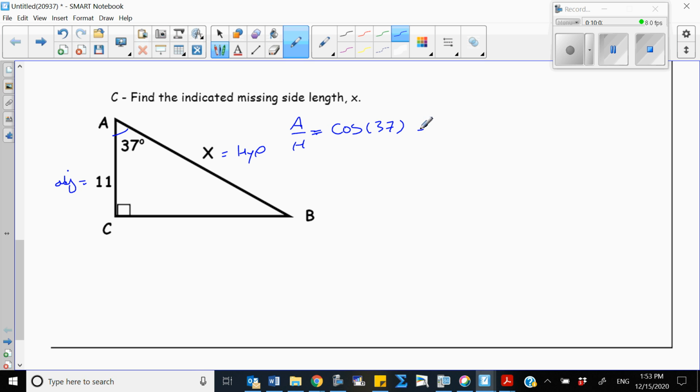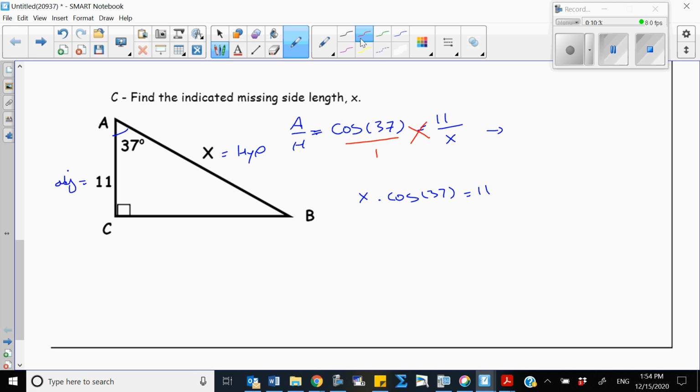Adjacent is given, it's 11, and hypotenuse is x, what I'm looking for. So using this equation, how can I find x? I'm just going to set the denominator of 1 here and use the cross multiple to solve this. So it will be x times cosine of 37 is equal to 11 times 1.